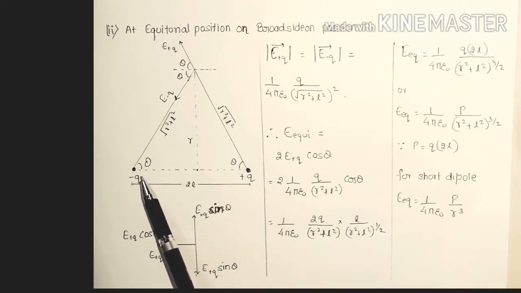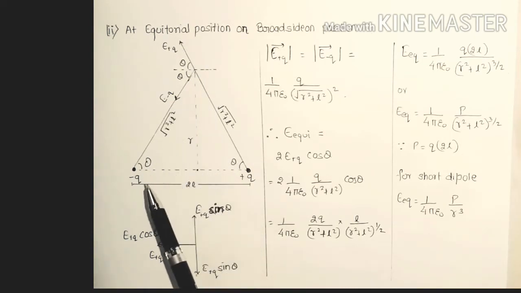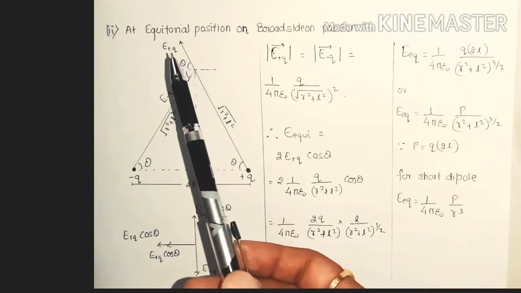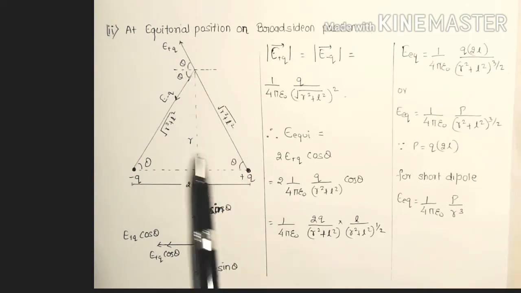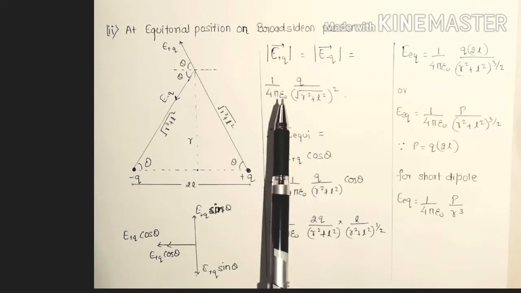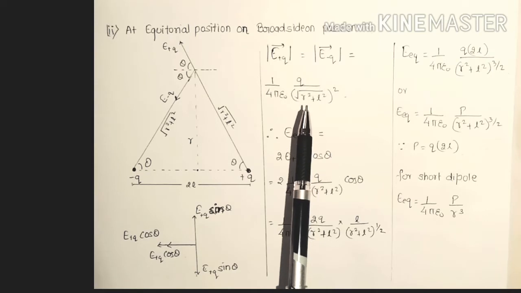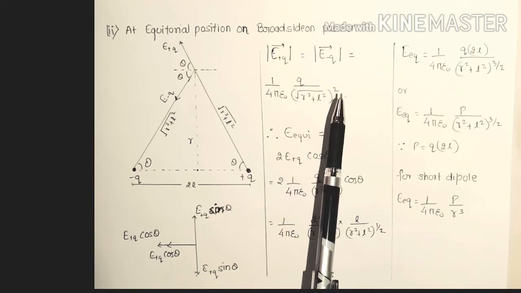The electric field intensity due to minus q at this point is directed towards the negative charge, and that due to plus q is directed away from the positive charge, both having the same magnitude 1 upon 4 pi epsilon naught q by the distance of the observation point squared.